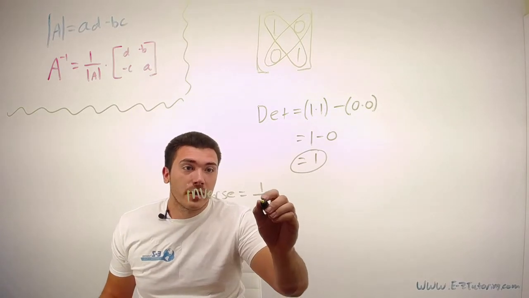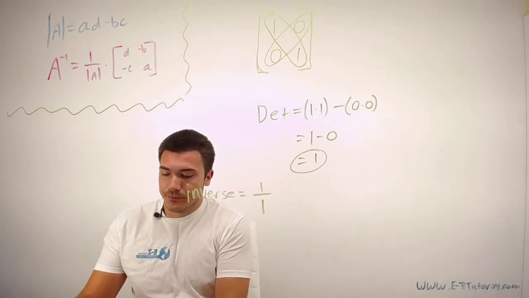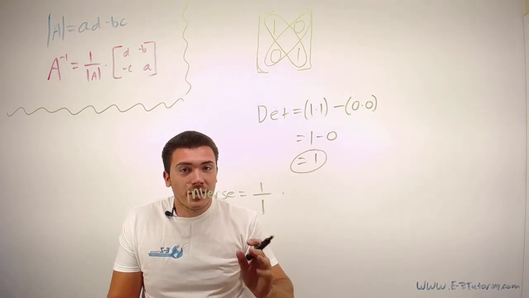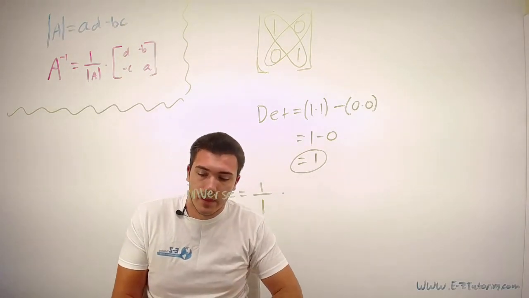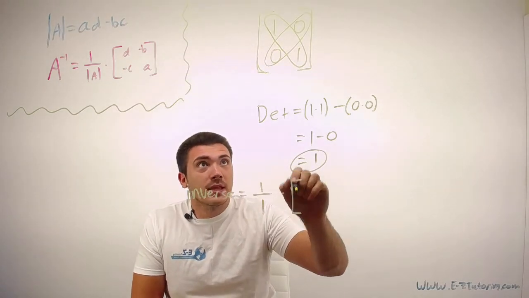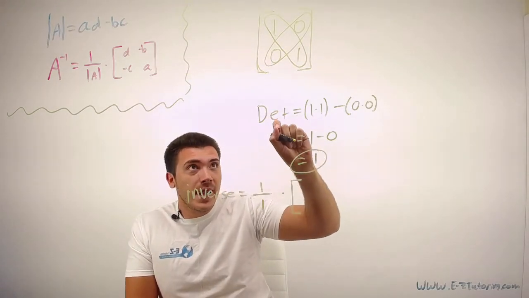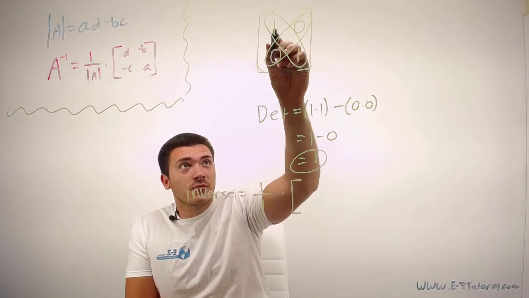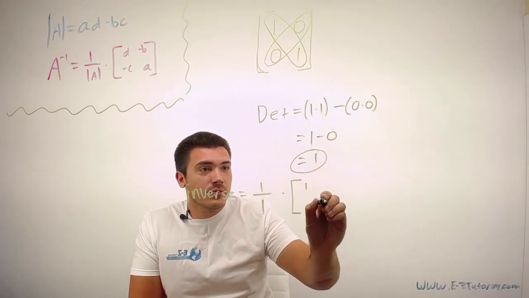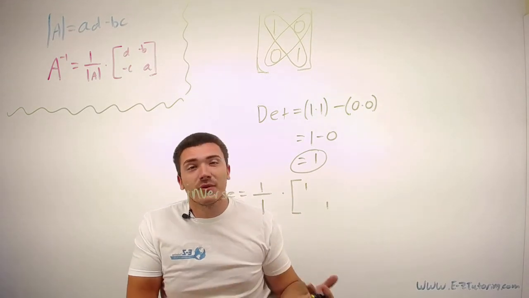So you do 1 over 1. And now you need to multiply this by a little bit of a different matrix. So you multiply this by the same matrix, except that now you switch this one with this one. And of course they're the same exact number, so nothing really changes.